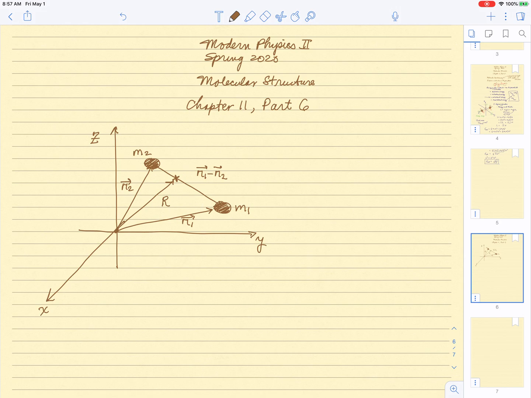I'll change into the notation that your book uses, but I prefer to use this more generalized notation first.